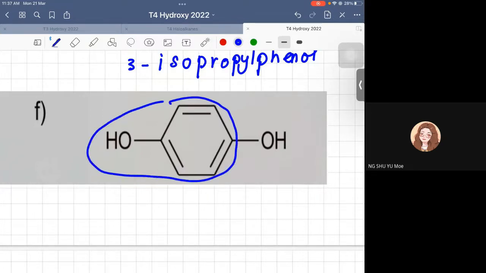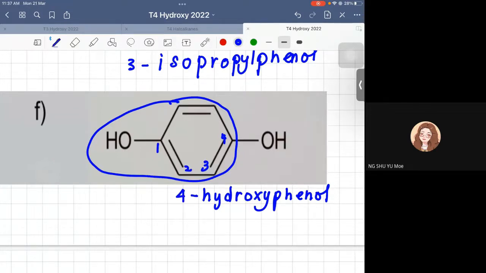And this one is, okay, pilih salah satu. If you choose this one, it will be phenol. Carbon number 1, number 2, number 3, number 4. So kita tulis parent dia dulu, dia sebagai phenol. And then ada substituent. Substituent dia adalah OH. OH bila dia jadi substituent, nama dia hydroxy. Hydroxy phenol. Hydroxy duduk dekat carbon number 4.